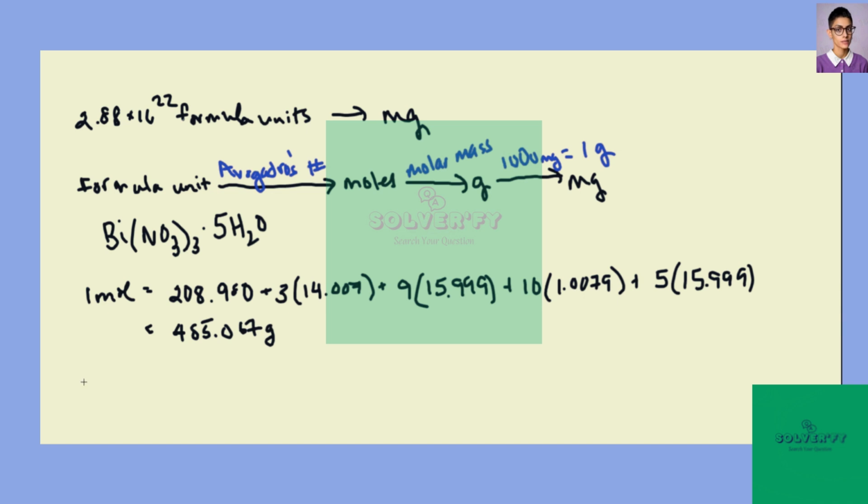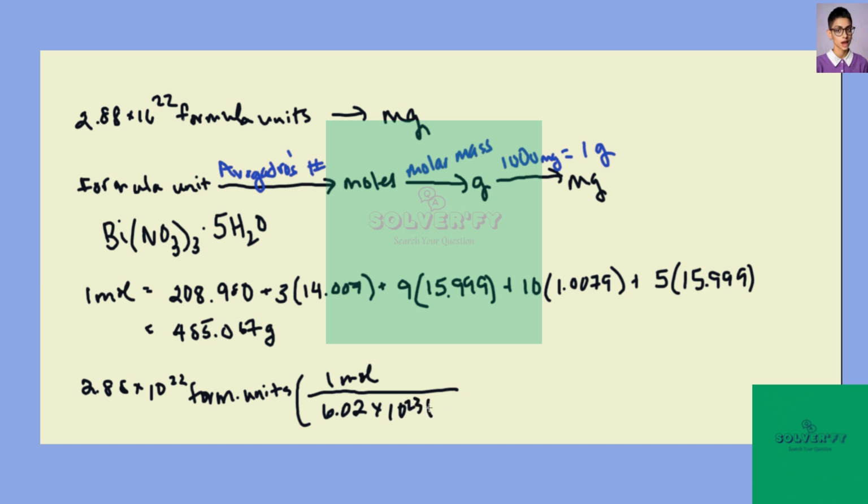So we start off with our initial quantity given, 2.88 times 10 to the 22nd formula units. Changing it to moles, 1 mole is equal to 6.02 times 10 to the 23rd units.